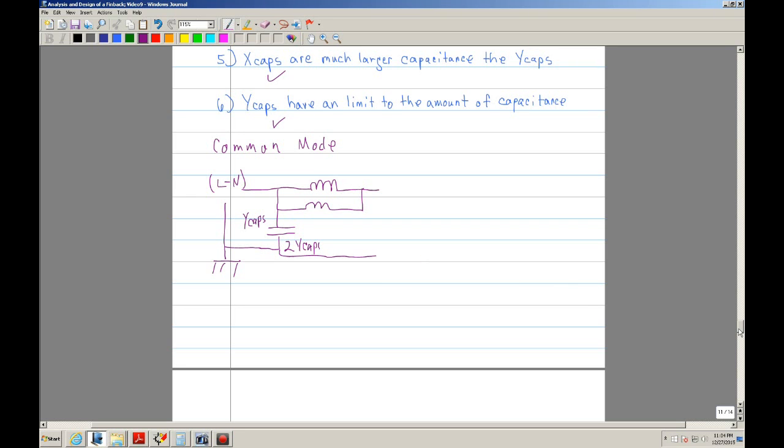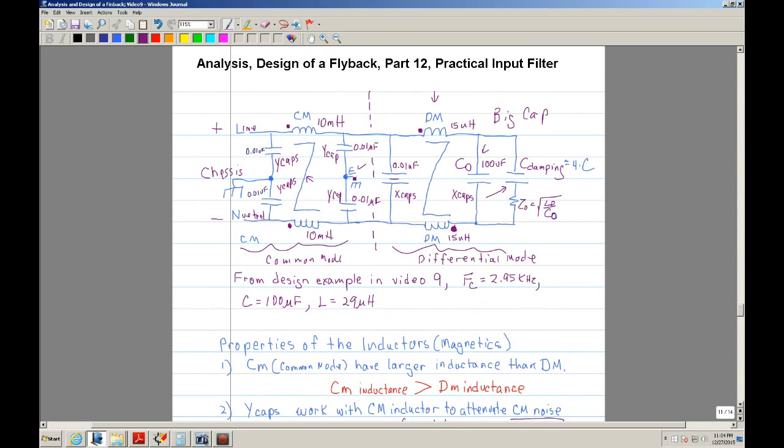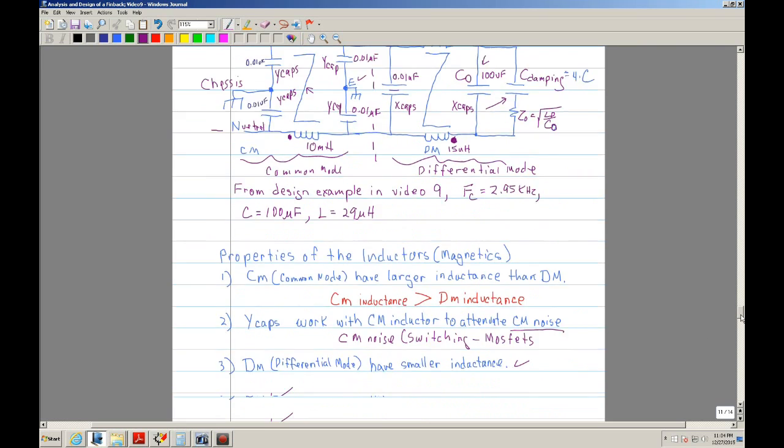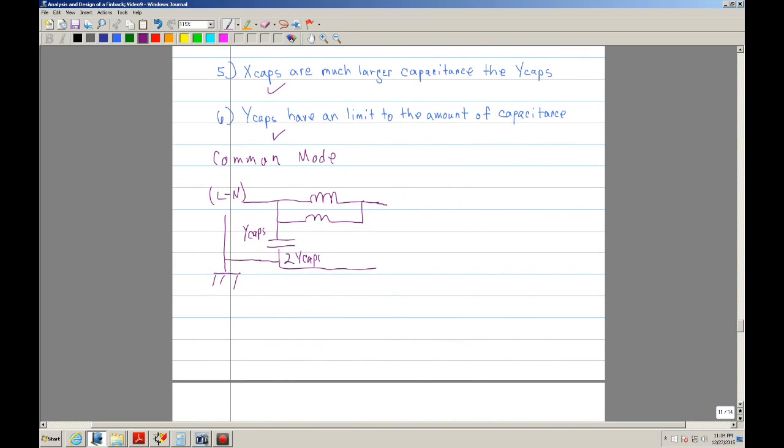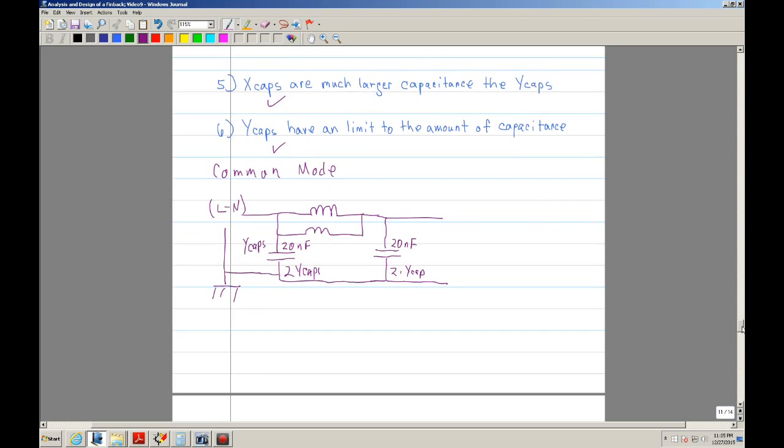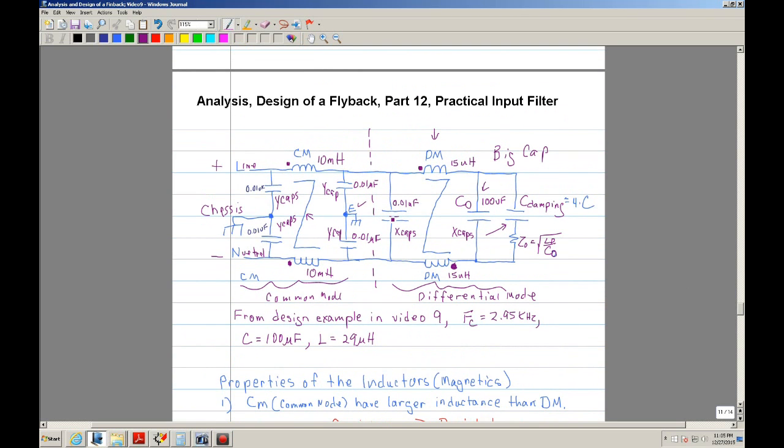And if you look here, shorting that to this means these are also in parallel. In this case, they're both 10s and they're in parallel, so this is 20 nanofarads. Like I said, this is out of the equation because it's shorted across.